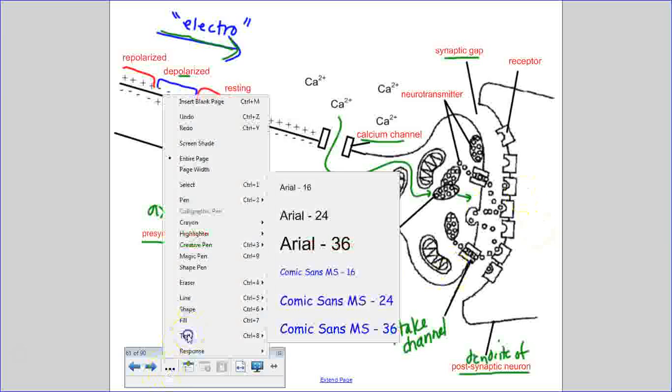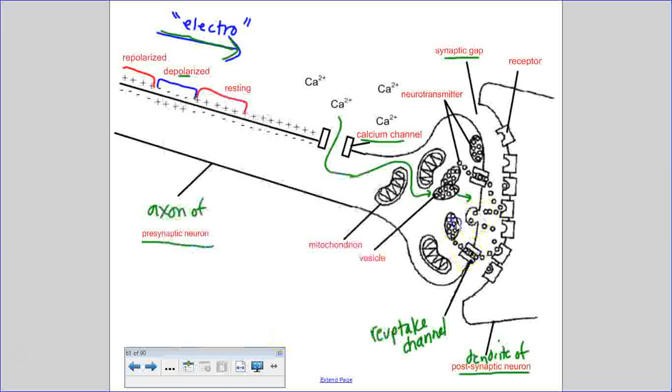Put in some text. Okay, so that's the chemical part of the message. And put an arrow there. But basically, it is what allows the message to go from neuron to neuron, because the electric part can't jump the gap. So we have neurotransmitters that carry the message to the next neuron.